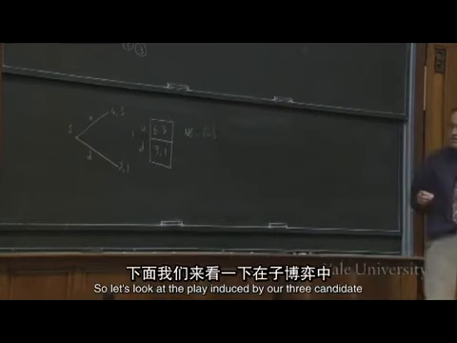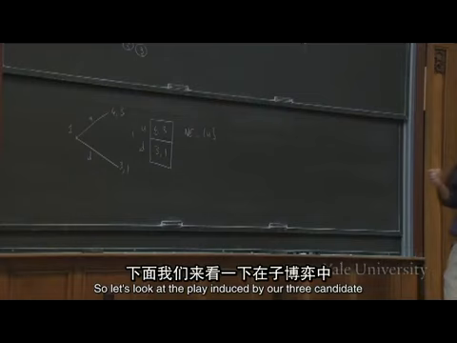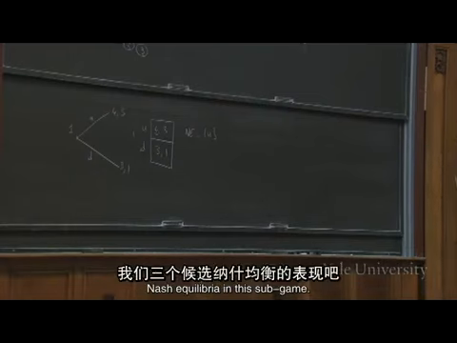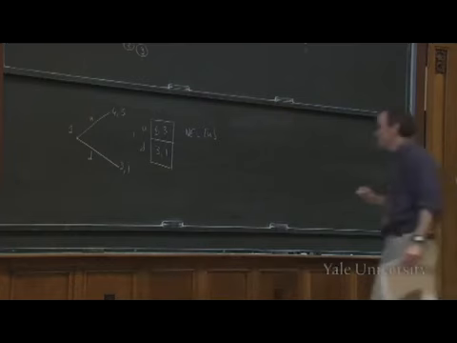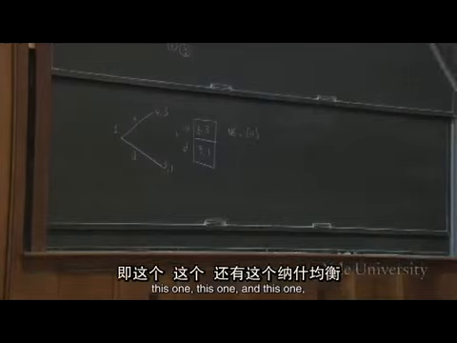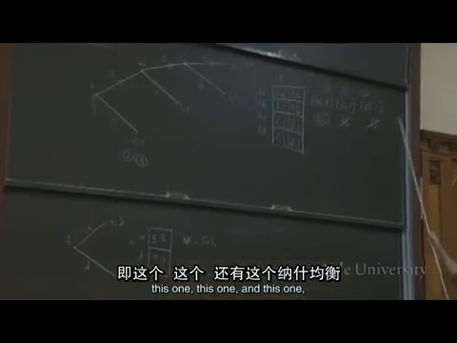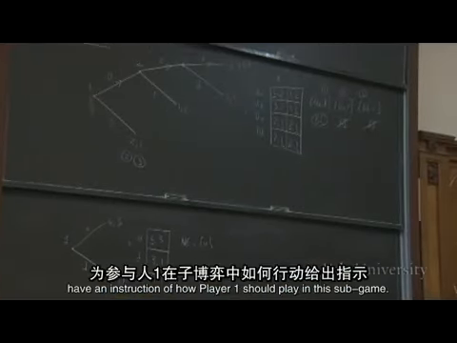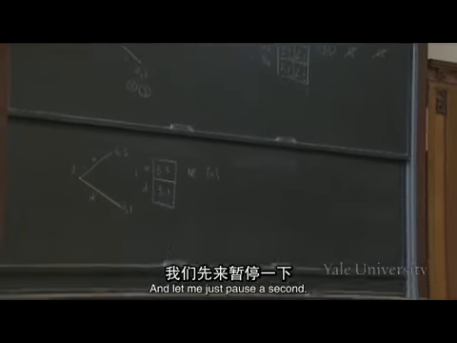Is that right? So let's look at the play induced by our 3 candidate Nash equilibria in this subgame. Each of our candidate Nash equilibria, here they are, this one, and this one, has an instruction of how player 1 should play in this subgame. And let me just pause a second.